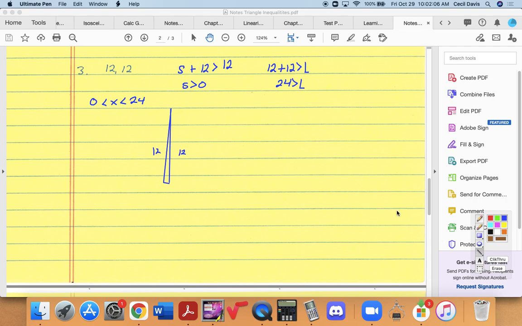Or what if you had an isosceles triangle where that's 12 and that's 12, and that's a really big obtuse angle? Do you see how that's going to get closer and closer to 24 the more you spread that out? Okay? All right. Page 3.